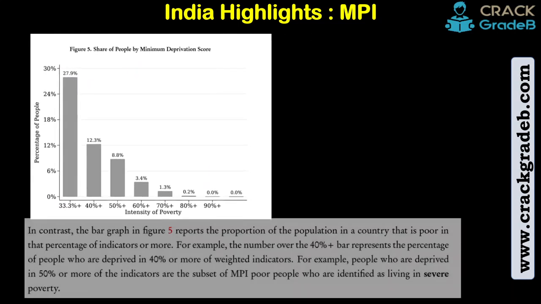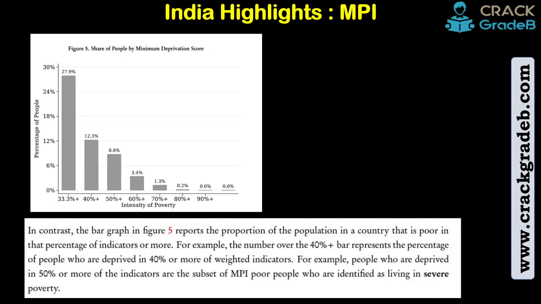So let's move forward and let us understand this in depth. So the proportion of population in a country that is poor in that percentage of indicators or more. For example, the number over the 40% bar represent the percentage of people who are deprived in 40% or more weighted indicators. Okay, so that is what I have already explained.